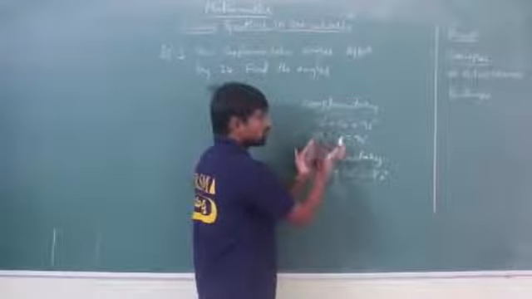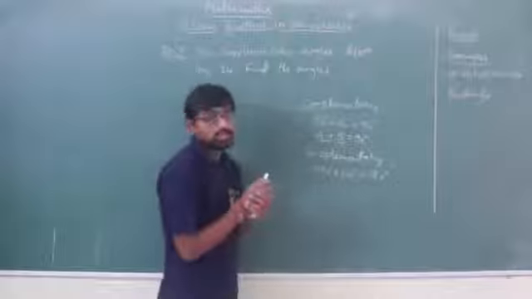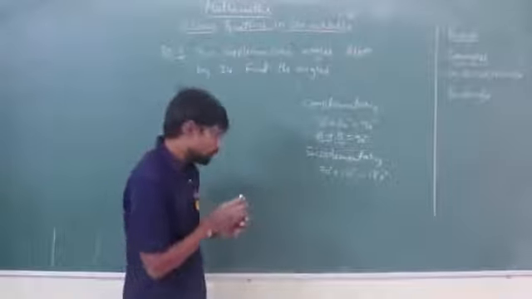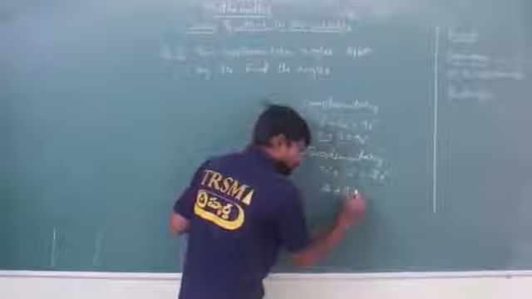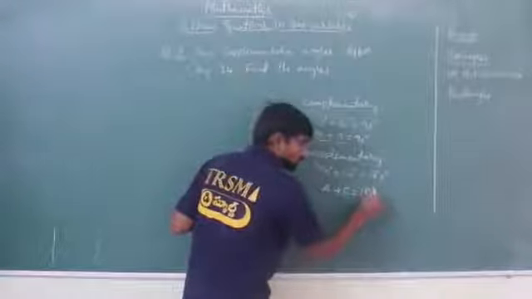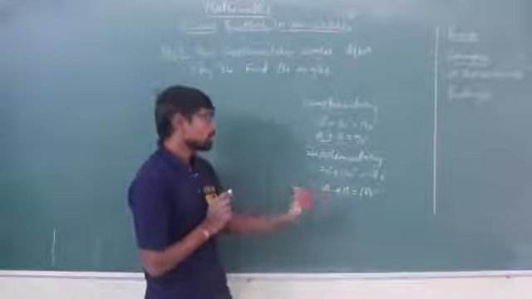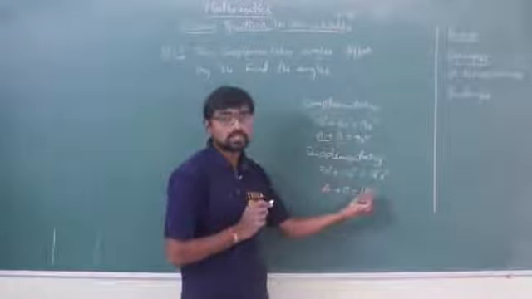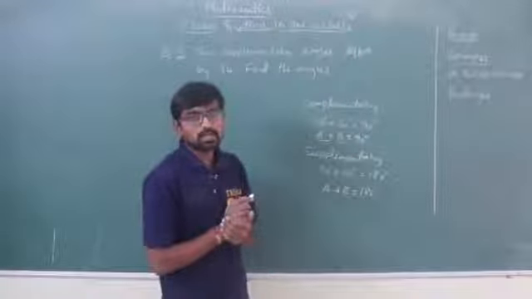If I add both the angles, I will get 90 degrees, so both the angles are called complementary angles. What about supplementary angles? A plus B equals 180 degrees. So if the sum of two angles is 180 degrees, then I will call that a supplementary angle, isn't it?